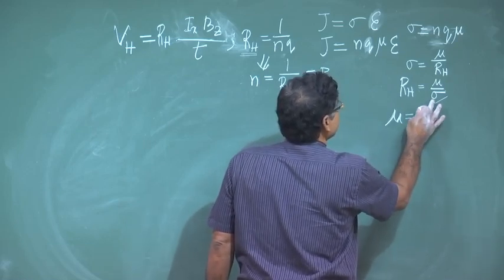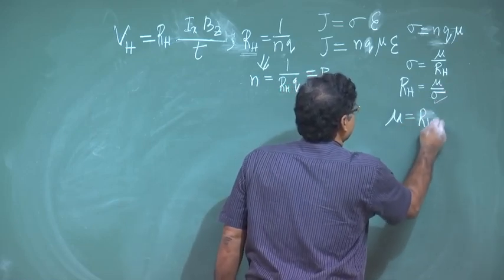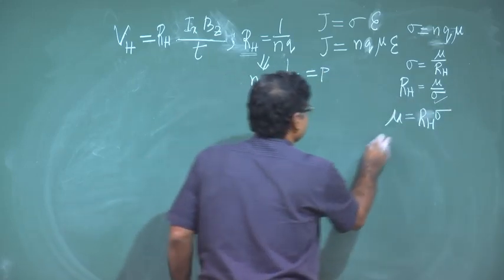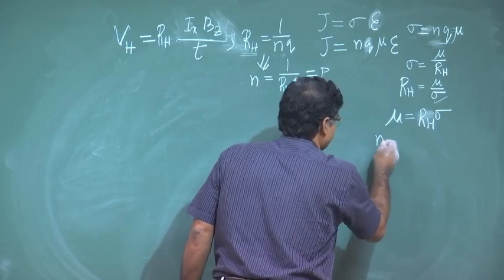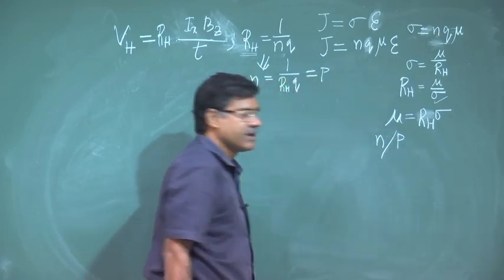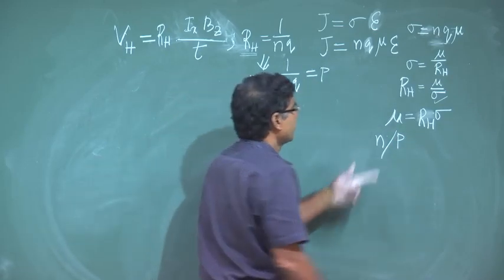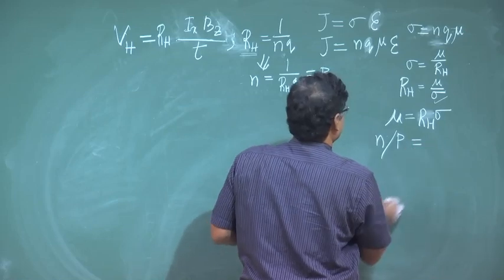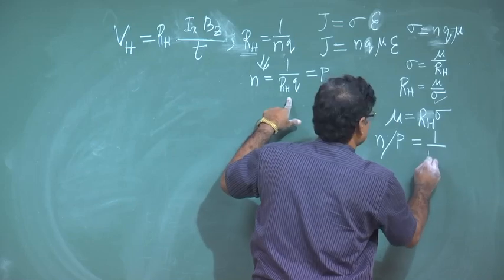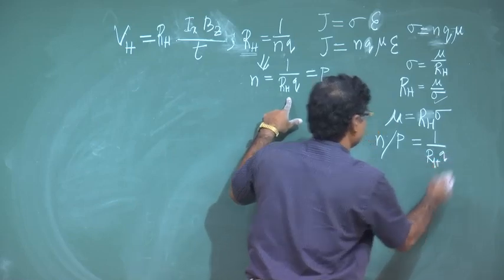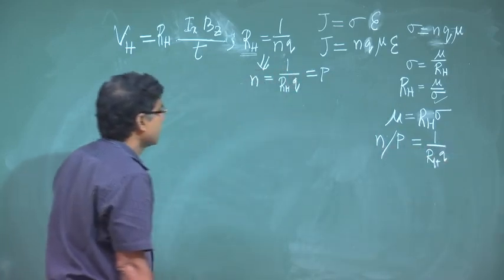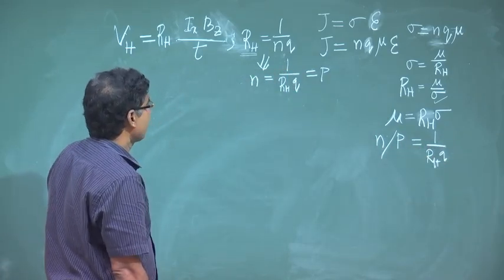So, that mu will be RH sigma. I want to get the mu value, and I want to get the carrier density, N or P, that I will know if I measure the RH, so that is RHQ, depending on the sign of this. So, I can find out the type of carriers, fine.